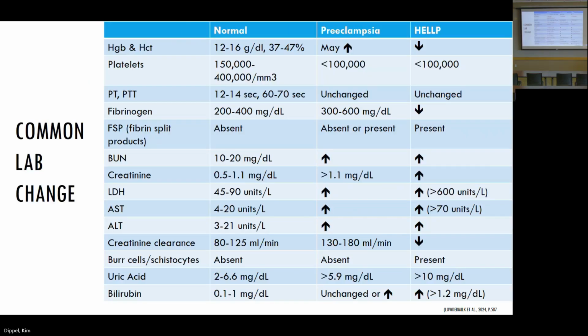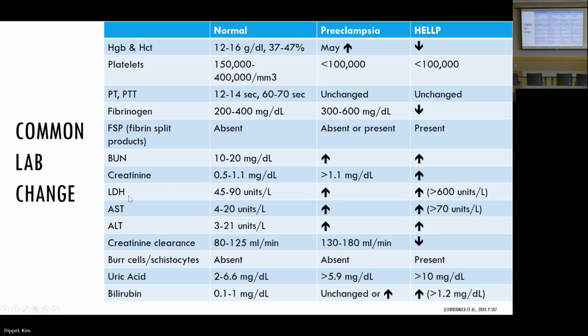And common lab changes, I'm not going to go over those specifically, but you can see with my cursor here that these are the liver enzymes that we're looking at that have increased, because normally these are normal values in pregnancy, and they're increased in both preeclampsia and then HELLP syndrome.